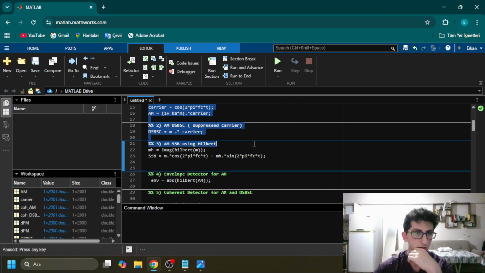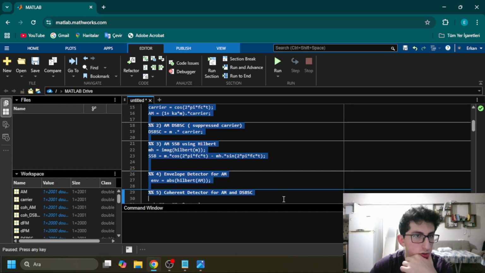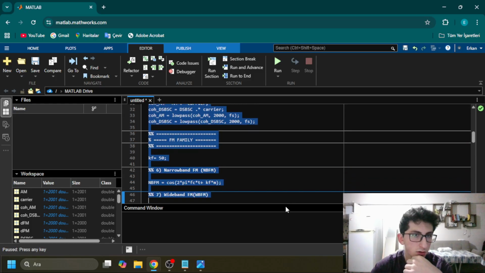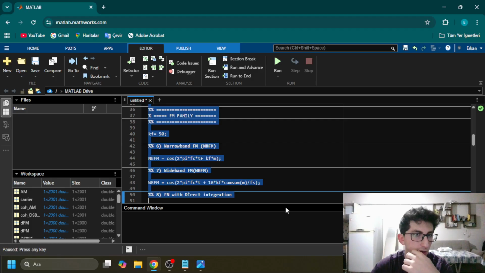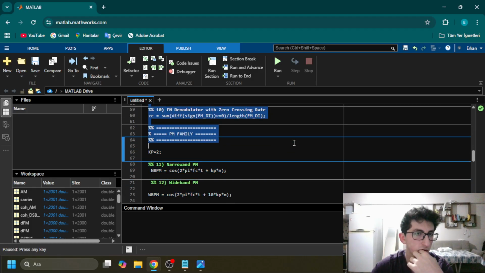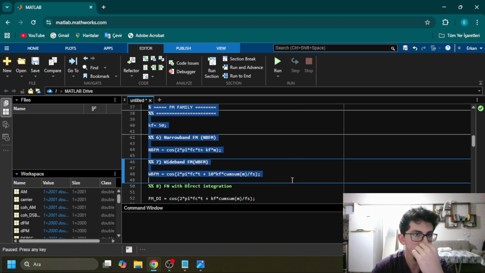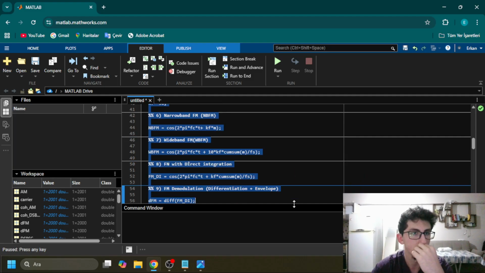I was here. So Epsilon AM is true. Envelope detector for AM is true. FM with direct integration. Oh, sorry. It's true. Cosine is true. True. True.